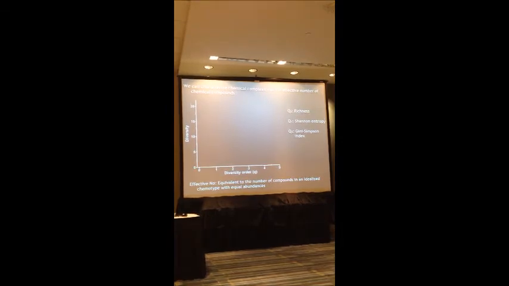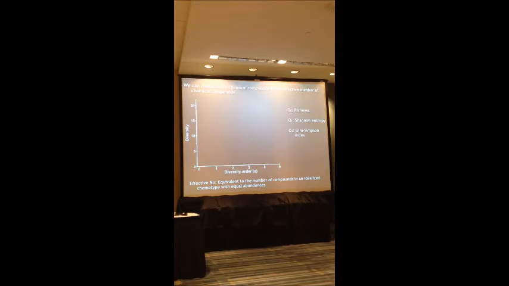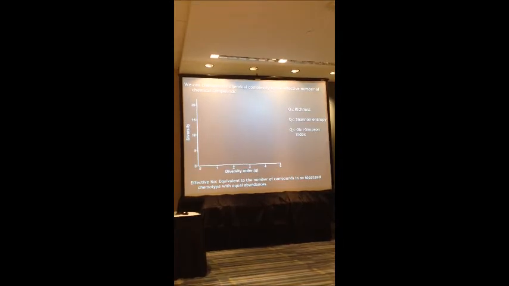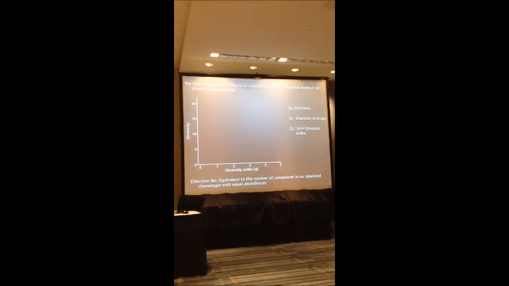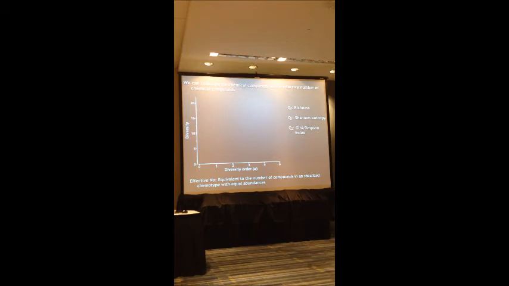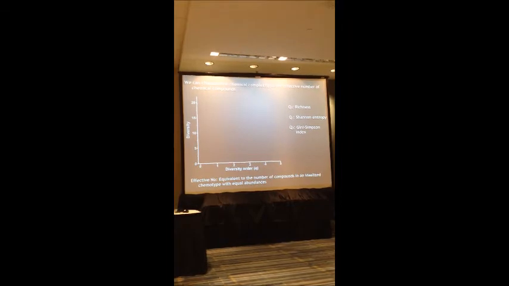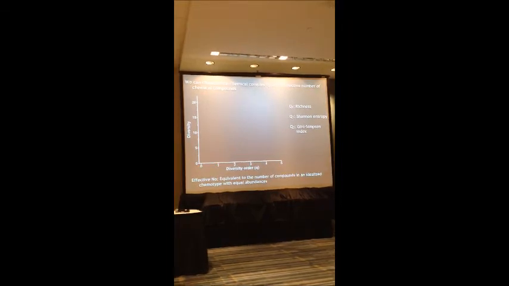By effective number, I mean the equivalent number of, say, compounds in an idealized chemotype if all of those compounds have equal abundances. These different indices differ in terms of their order and in terms of how they deal with disparity in abundance.